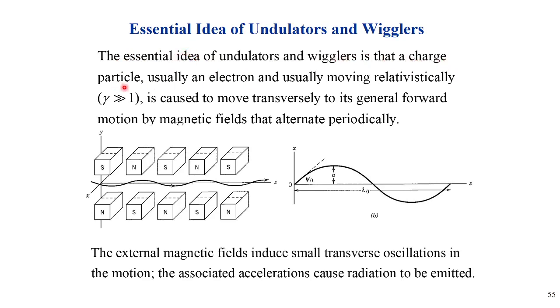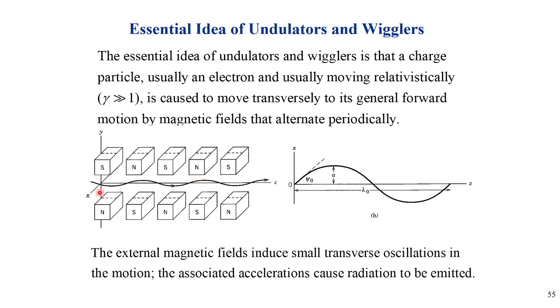That is, a charged particle, usually an electron, usually moving relativistically, is caused to move transversely to its general forward motion by a magnetic field that alternates periodically. That is, the particle will bend up and down, up and down.